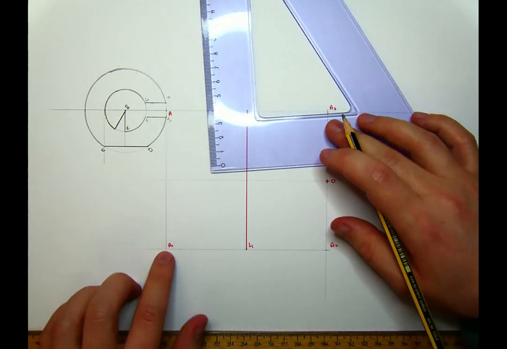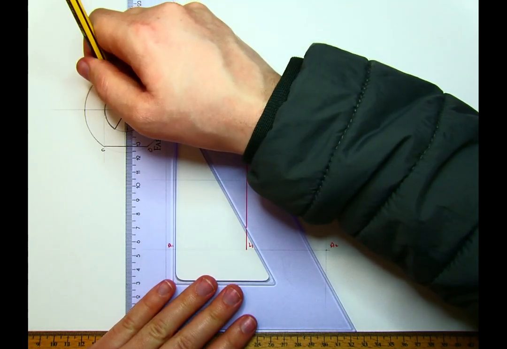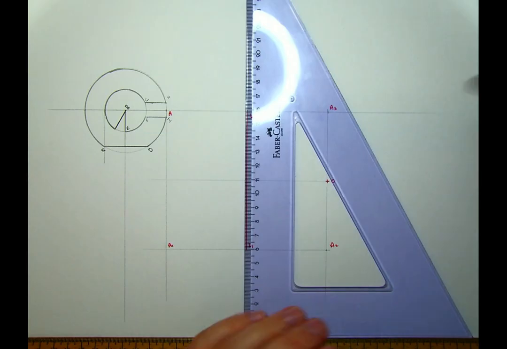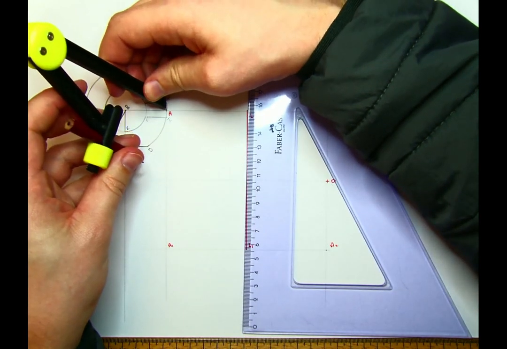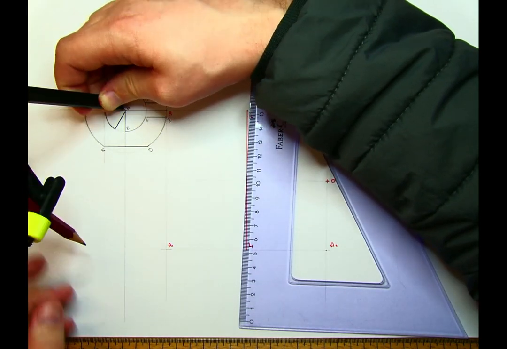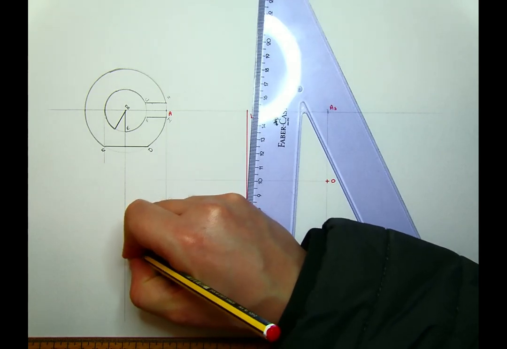Okay, so A to A1, they've moved this distance and this direction. All other points are going to move the same distance, same direction. So taking your compass, measure the distance from A to A1. And then we're going to mark each point, same distance, same direction. So this becomes B1.